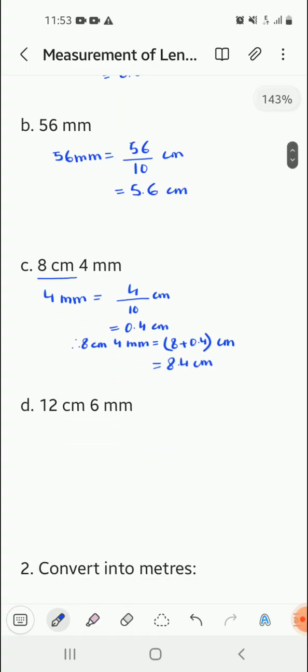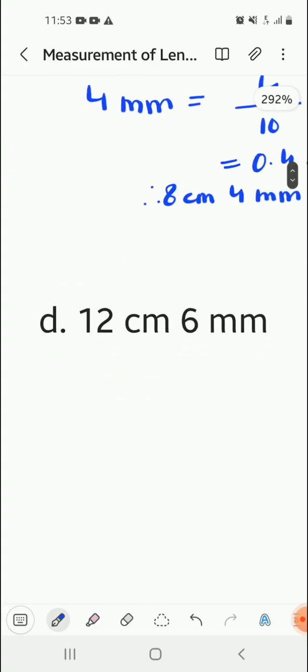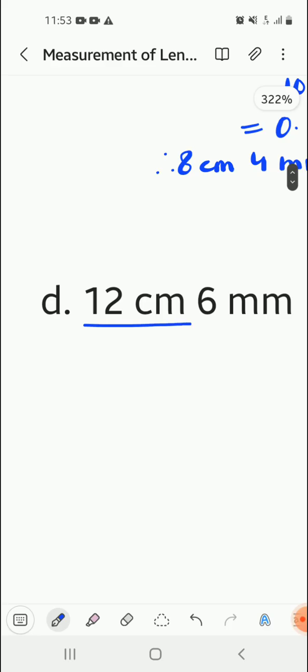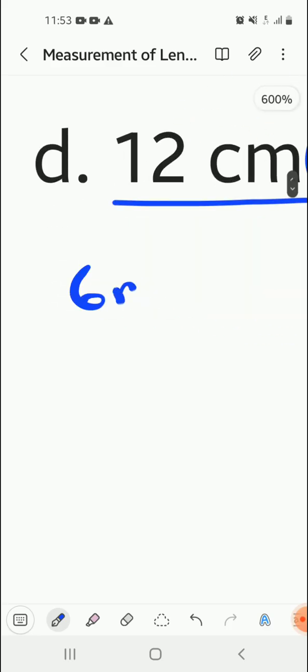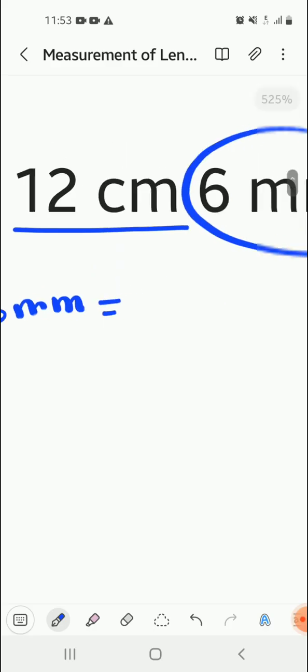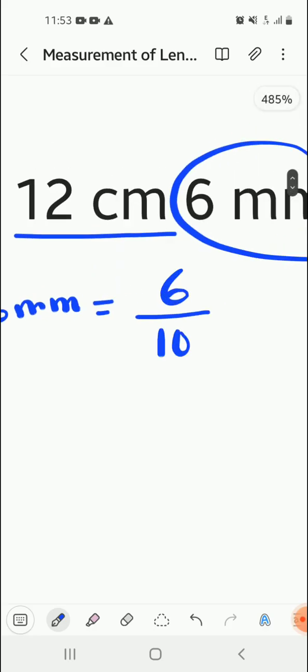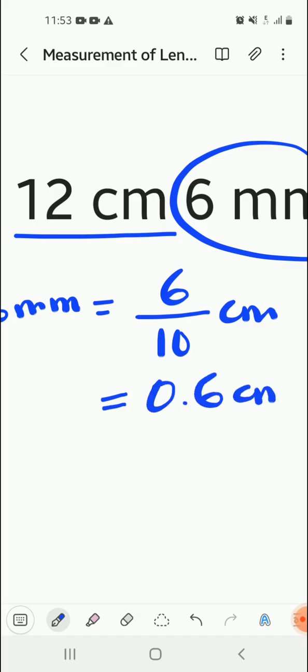Moving on to the next question, 12 centimeter 6 mm. Again, this is already in centimeters, so we don't have to do anything about it. This is what we need to convert. So 6 mm is 6 by 10 centimeter, which comes down to 0.6 centimeter.